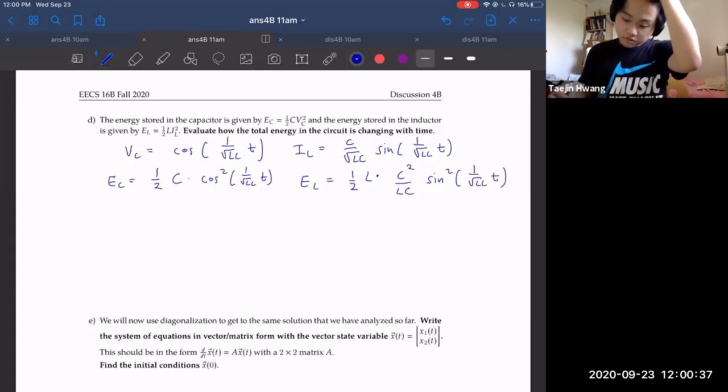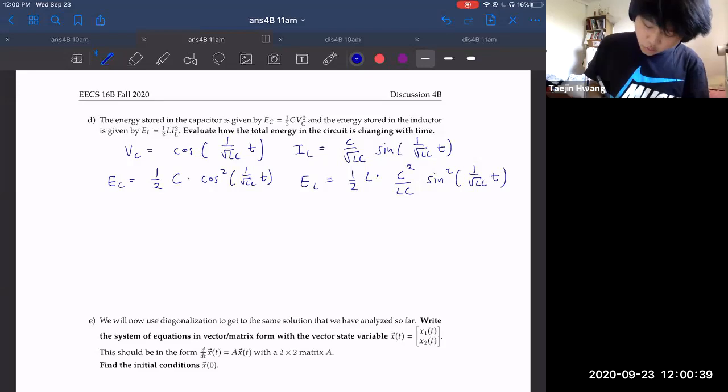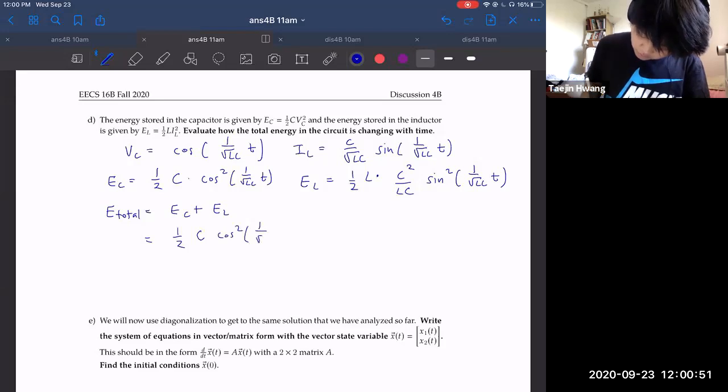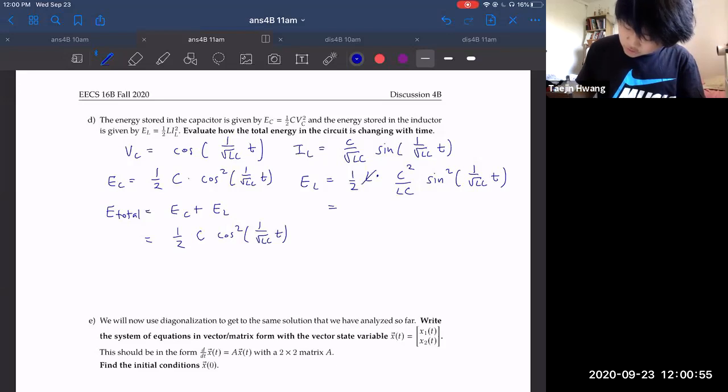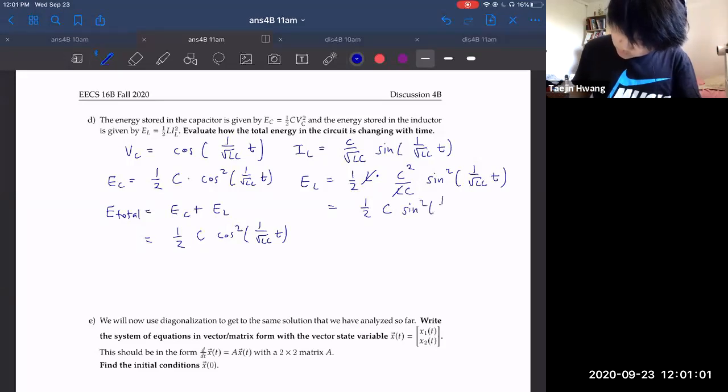And this tells us that the total energy in our circuit is the sum of the two, which if you actually do the math, you'll notice that the energy across the inductor is 1/2 C sine squared of 1 over the square root of LC times t.